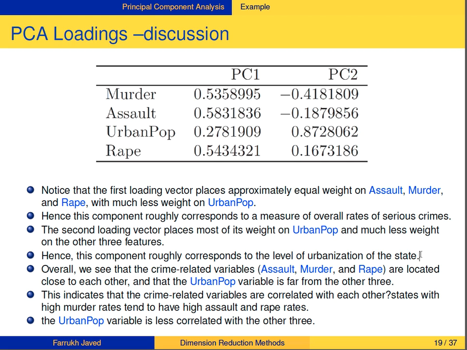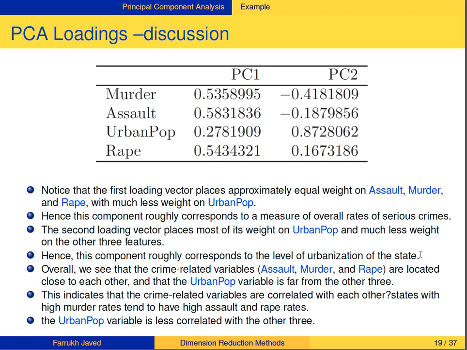So I had four variables before: murder, assault, rape, and urban population. But now I can pick two variables instead of four, which are PC1 and PC2. I can use their Z scores, and say that my Z score for PC1 represents crime and my Z score for PC2 represents urban population.